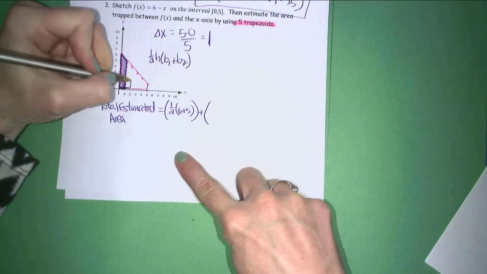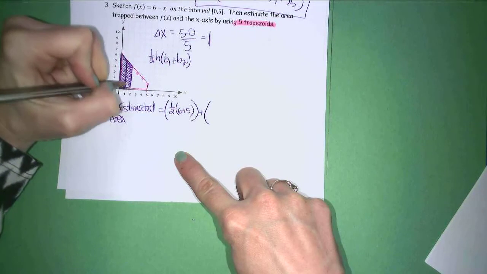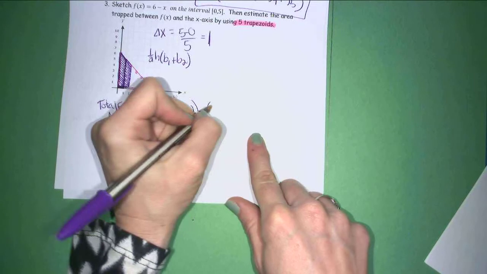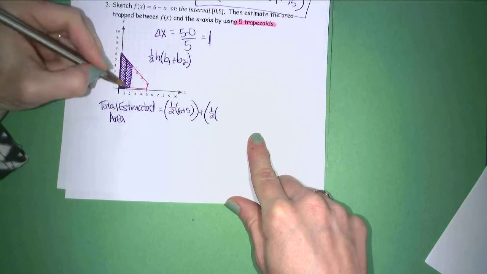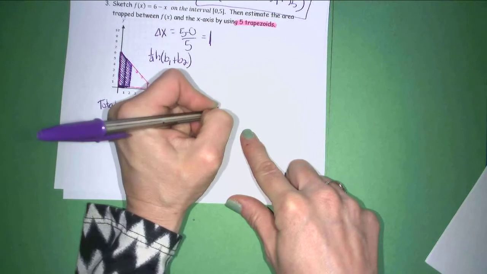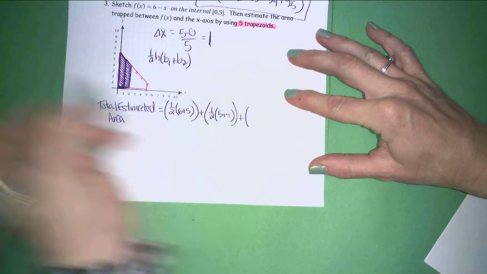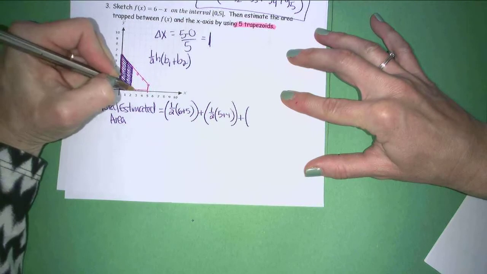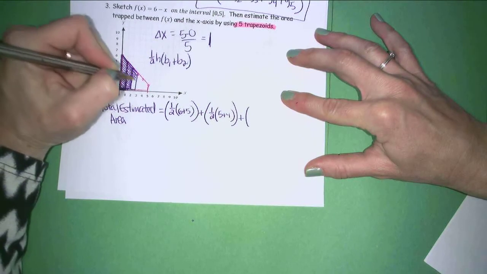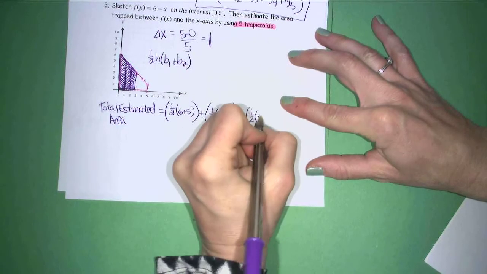It will pull up here and here. There's my next trapezoid. The height again is 1 unit, so half of 1 is a half. Sum of my bases, 5 and 4. Third trapezoid, 2 to 3, coming up, there it is. Half times 1 is half, but now my bases are 4 and 3.